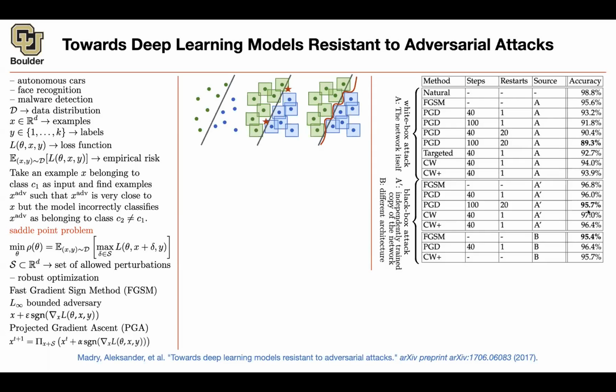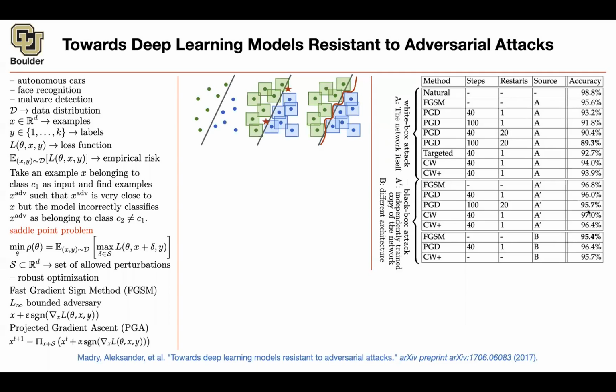Now, let's say we are the adversary and we want to attack that network. We want to change the images that the car sees on the fly. So we want to add noise to the images that the car sees and, I don't know, maybe make a mistake when it comes to stop signs. And then it's going to lead to accidents. Now, what are we going to do as adversaries?